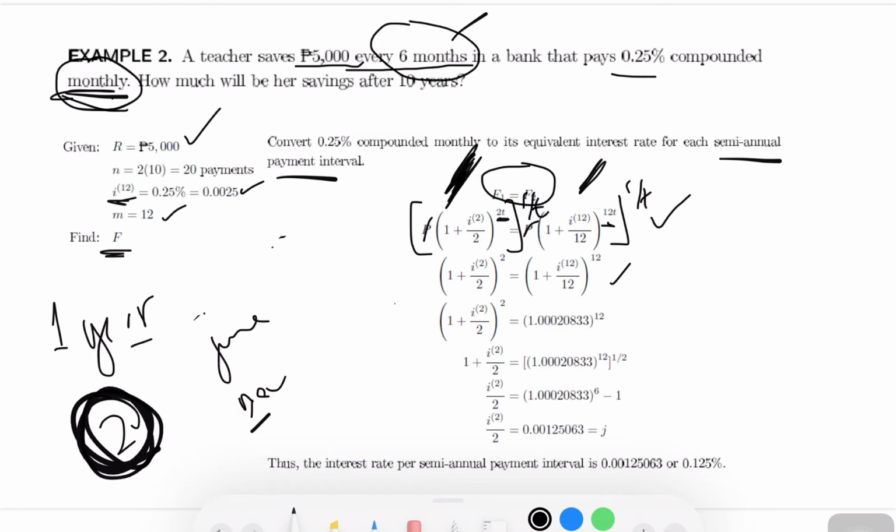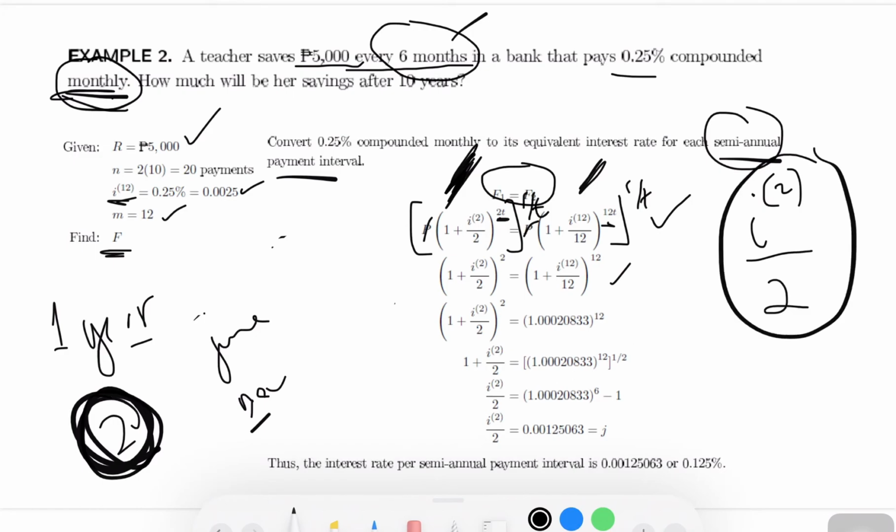Next is, since we're going to convert this one into semi-annual, so semi-annual, M is 2, so we will find this. Okay, since it's semi-annual. So we can compute for this one since all of the terms inside are given. So I12 is here 0.0025.